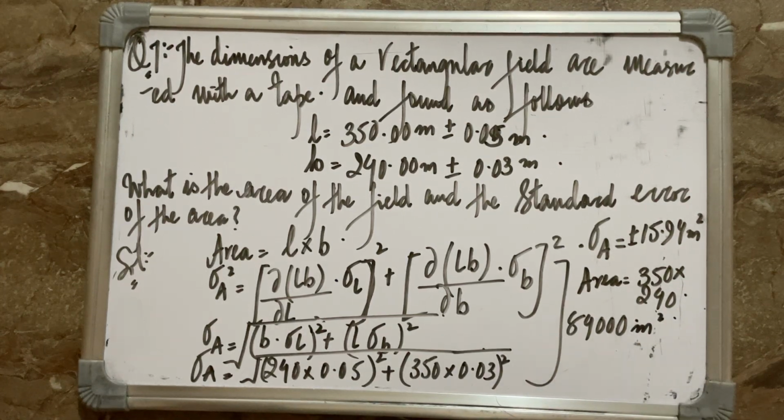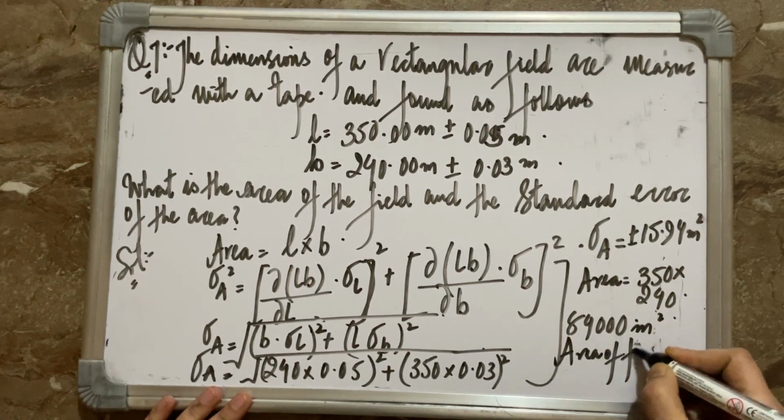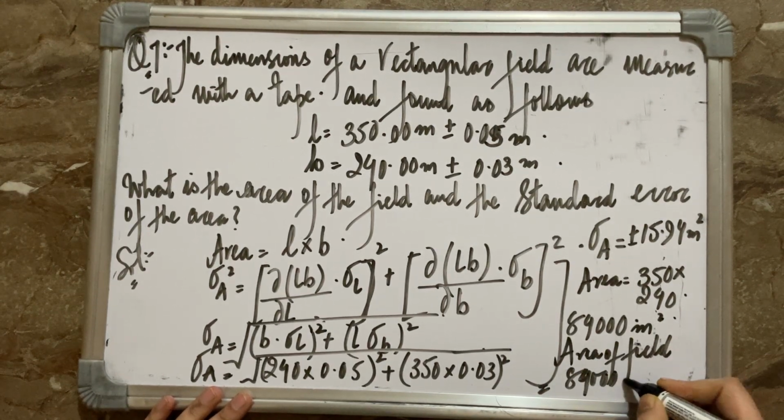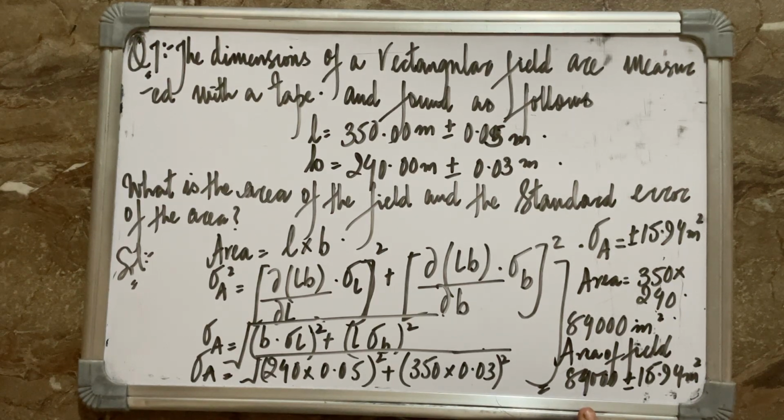So I may write that the area of the field is 84000 plus minus 15.94 meter square. Let's move on and do the next question.